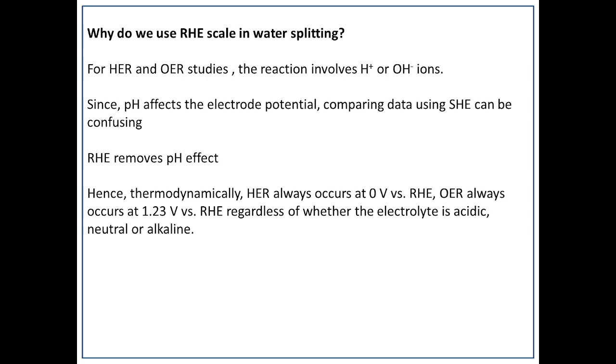When the pH changes, the hydrogen electrode potential changes according to the Nernst equation and is no longer 0 volt versus the standard hydrogen electrode. Therefore, the reversible hydrogen electrode scale is used to account for the pH effect, making it more suitable for practical electrochemical measurement. I hope this video helped you understand the concept of the standard hydrogen electrode and reversible hydrogen electrode clearly.